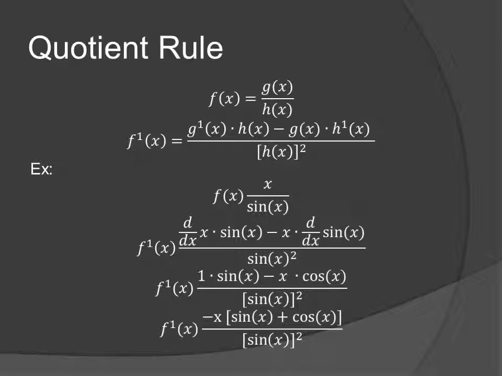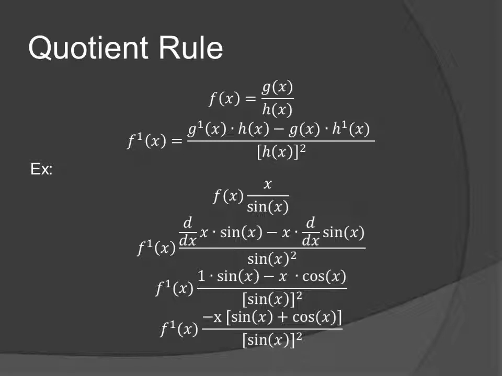So for an example, if f of x is equal to x divided by sine of x, then you'll take the derivative of the top, which is the derivative of x, times the bottom, which is sine x, minus the top, which is x, times the derivative of the bottom, which is the derivative of sine x, all divided by sine x squared.